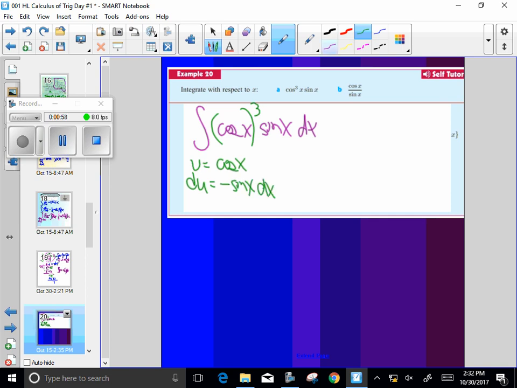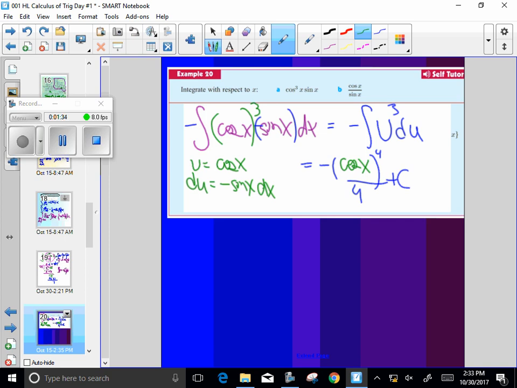You have the variable in this sine x dx, but you do need a little negative sign in there, so we pull out a negative. And so now you have negative u to the what power? Third du. So now you can just go negative u to the fourth over 4 plus c. And that's cosine x. That's it. Done.